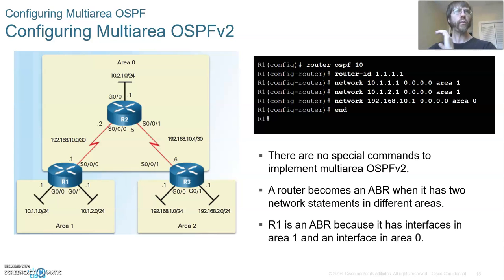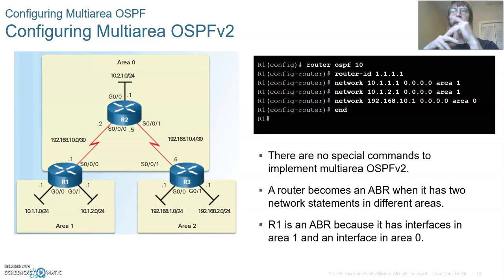Now, as we discussed before, once we start talking about multi-area OSPF, we have to talk about roles. One of those roles is the area border router, ABR. A router with network statements or interfaces in two different areas is by definition an ABR. It can also be other kinds of things.